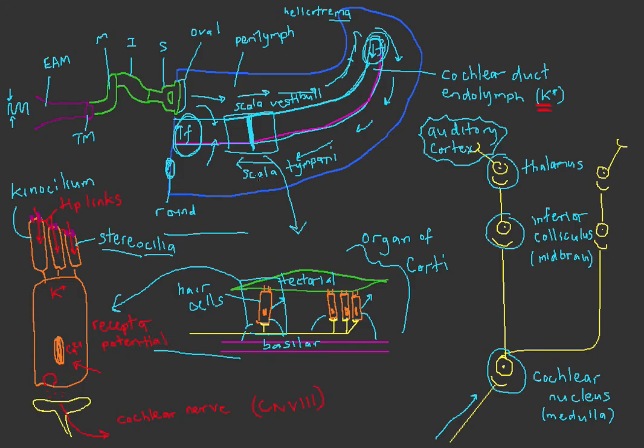So a louder sound will turn this hair cell on more powerfully, more frequently, and then more neurotransmitter will be released, which will cause an increase in the frequency of action potentials, which again is the primary way for the PNS to communicate to the CNS the intensity of a stimulus.